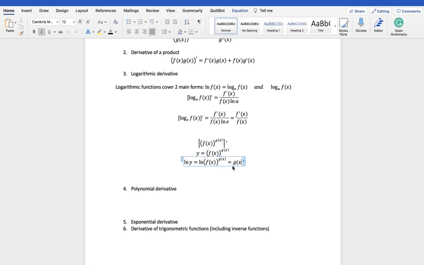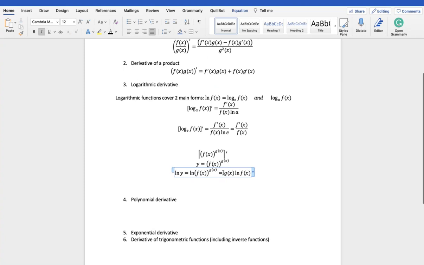So you can take it out of the ln function, and it just becomes g of x now multiplied by ln of f of x. And when you have that, then you can refer back. You basically have the product of two functions, g of x multiplied by ln of f of x.